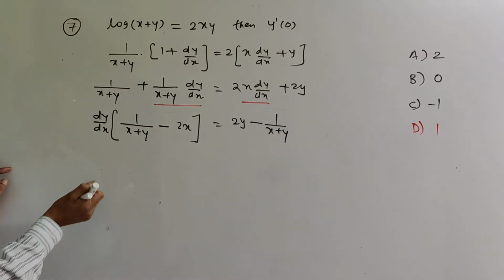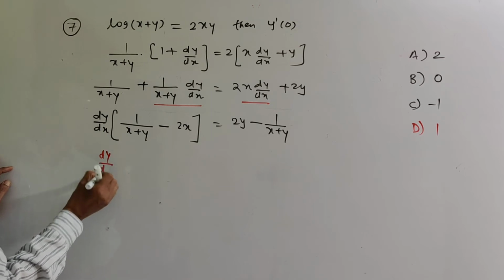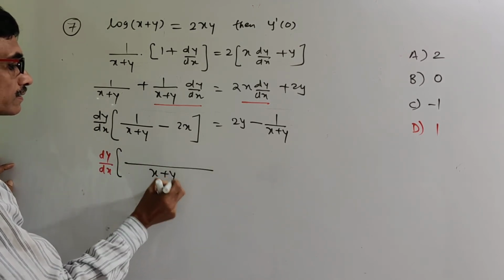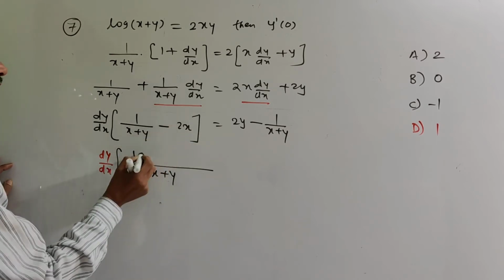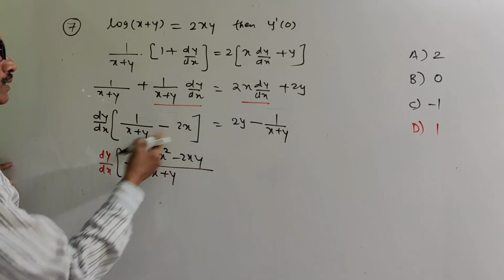Here LCM is x plus y, so dy by dx into 1 minus 2x square minus 2xy.